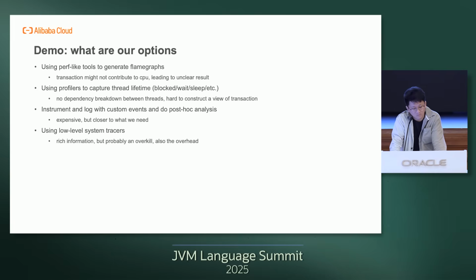This gives the richest information, but it's probably overkill because it has a lot of overhead, and it gives you the exact instructions that a transaction is executing, and that's probably not necessary.